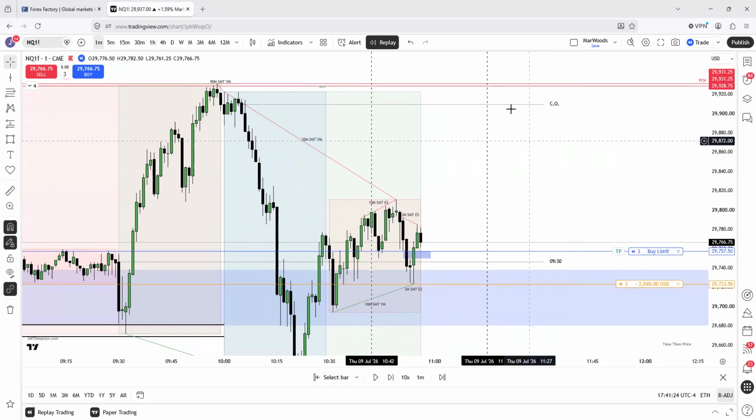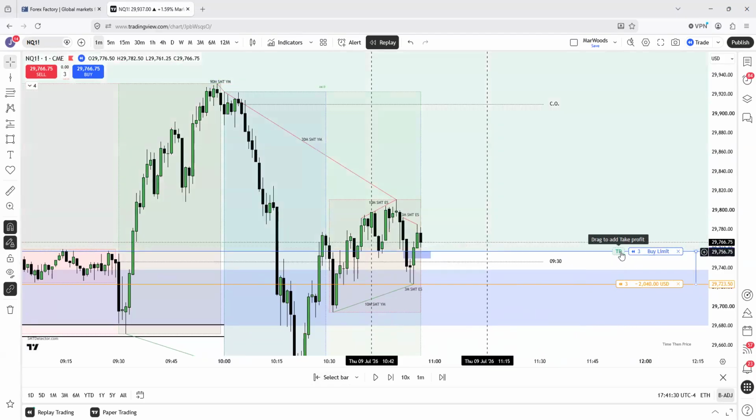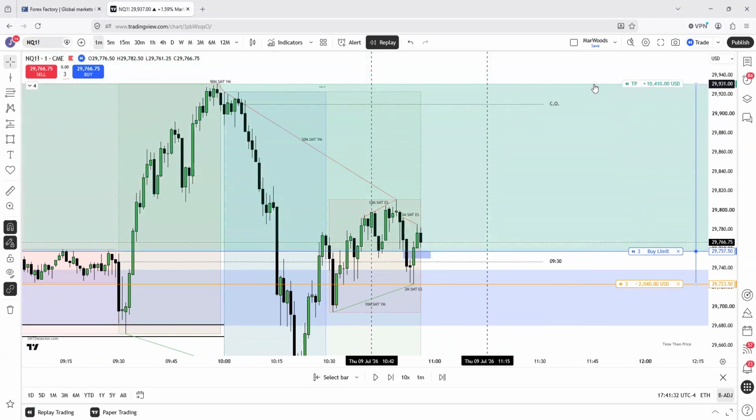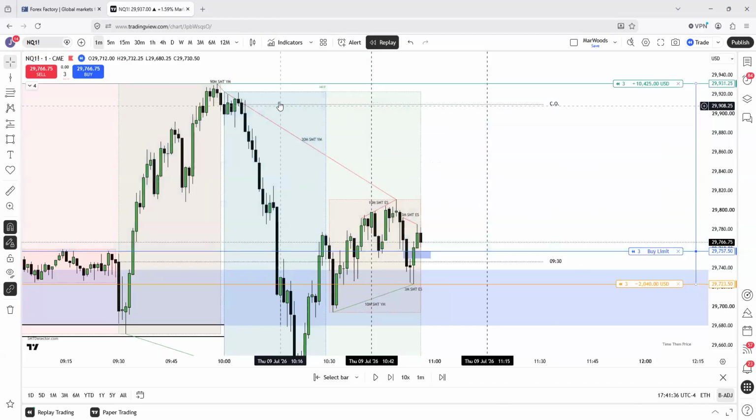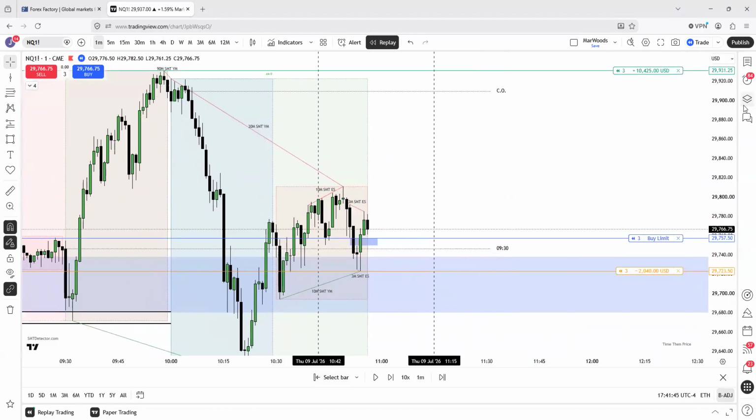And our take profit, let's get rid of this, is at the original consolidation, the high that started that move we're tracing lower, which is this second 90-minute cycle. That is our target.